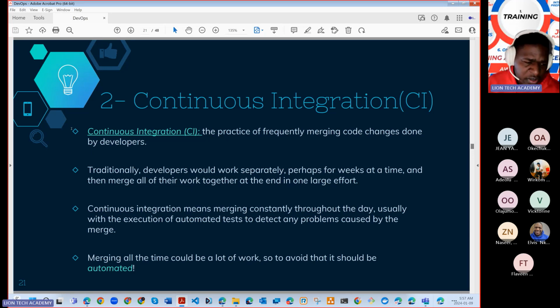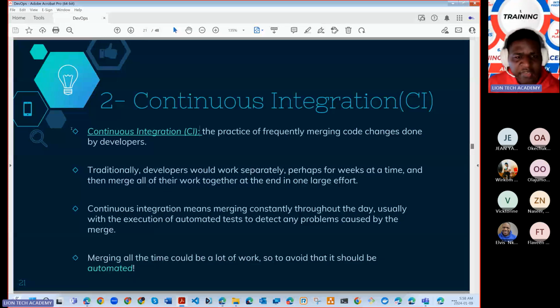Let's add products or catalog, right? So we have these four systems. Previously, developers would sit down and develop all of these four features together before deploying.